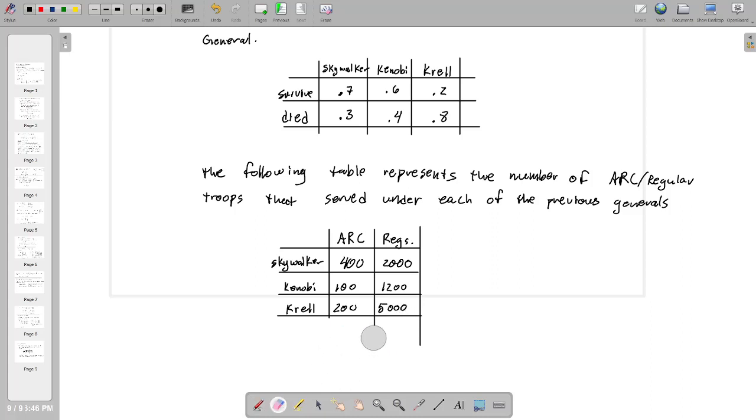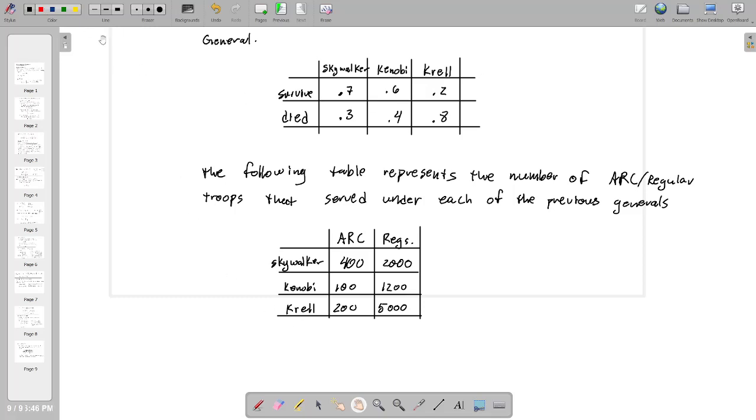Okay, so this information is organized pretty nicely here: we have the number of ARC troopers and regs that served under each general, and the survival rate for each general. Now, why are we talking about this in a multiplication of matrices type situation?